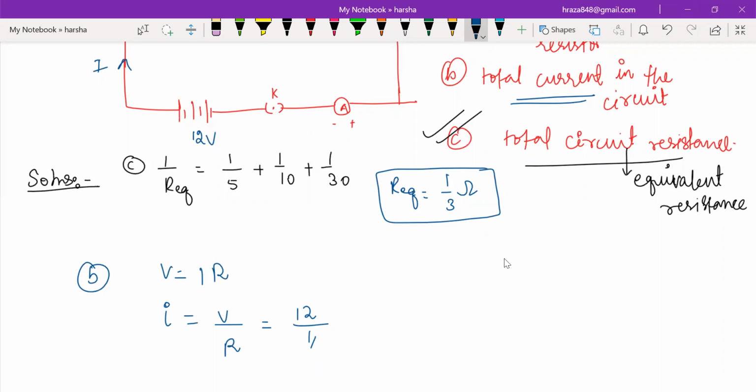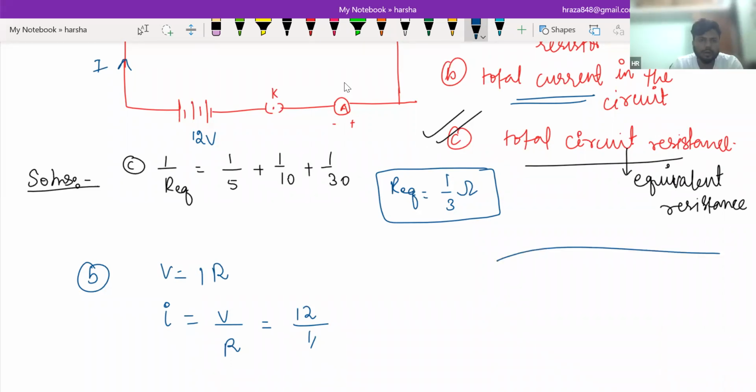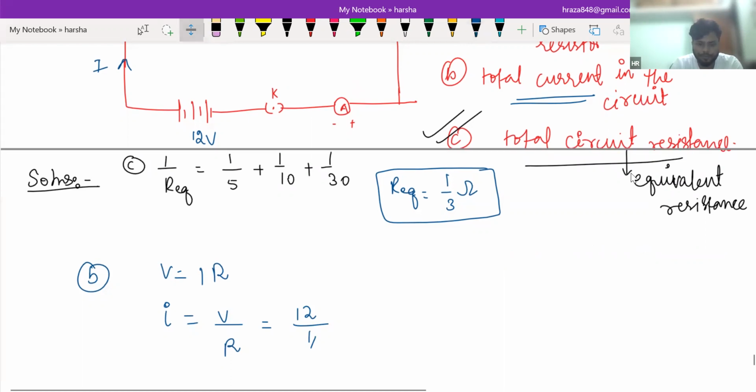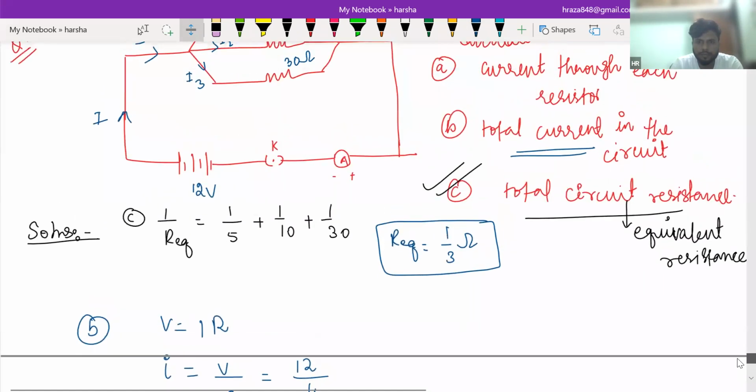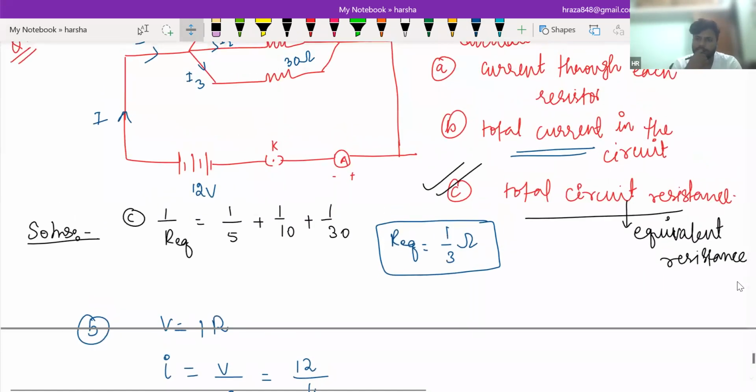B part. Wait a minute. B is basically total current in the circuit. Wait a minute, let me see the first question. Current through each resistor and then total current in the circuit. Okay.